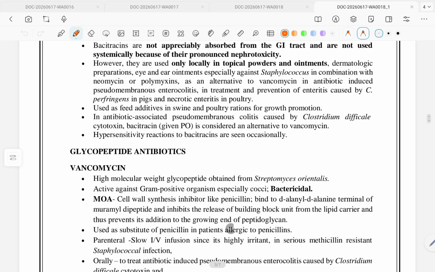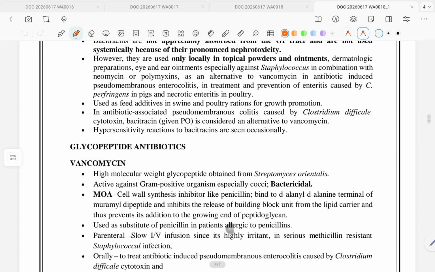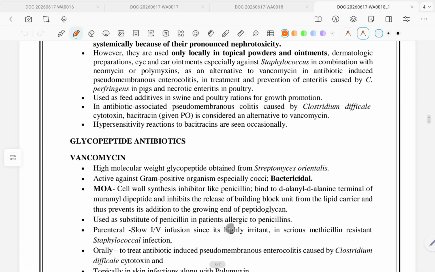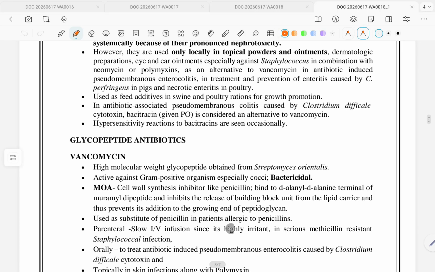It is an alternative to vancomycin in antibiotic-induced pseudomembranous enterocolitis, in treatment and prevention of enteritis caused by Clostridium perfringens in pigs and necrotic enteritis in poultry. Used as a feed additive in swine and poultry rations for growth promotion.